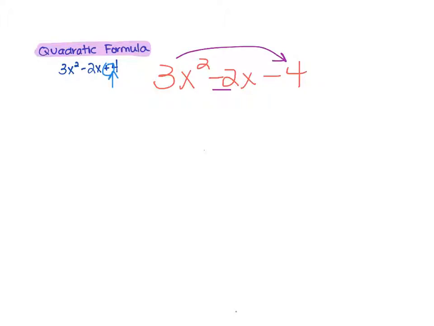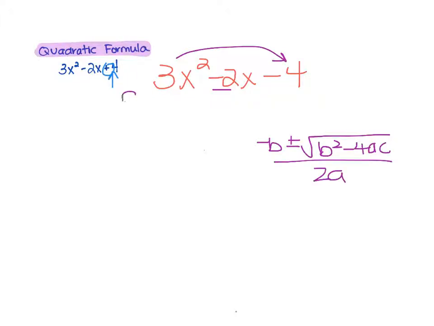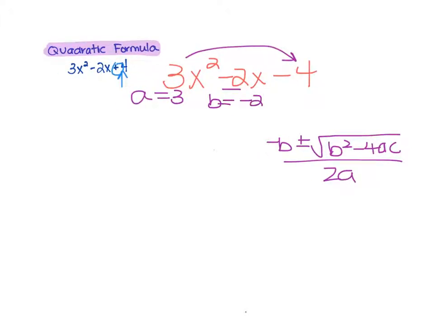So I know I'm going to use the quadratic equation, which is negative b plus and minus the square root of b squared minus 4ac, over 2a. So a is 3, b is negative 2, and c is negative 4.